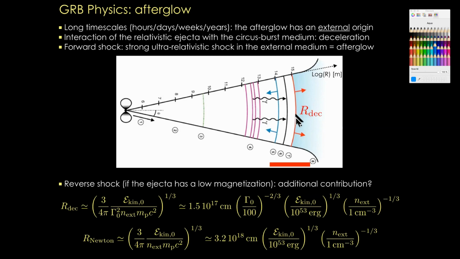It's difficult to derive the full hydro of this complex hydrodynamical problem, so I will focus on the dynamics of the forward shock, which is simpler because there is a self-similar solution which has been derived by Blandford and McKee, and which is the relativistic analog of the well-known Sedov solution for supernova remnants. Okay, so this derivation can be done now.